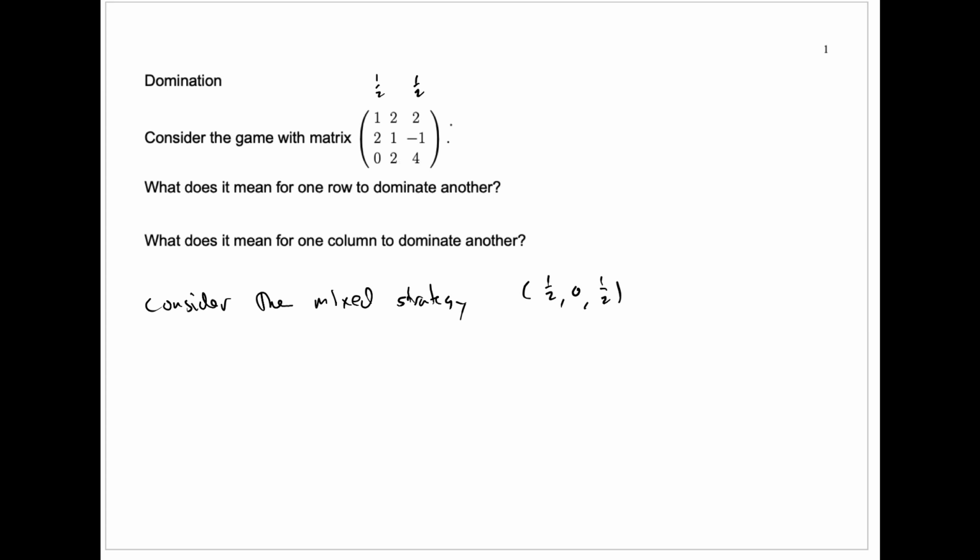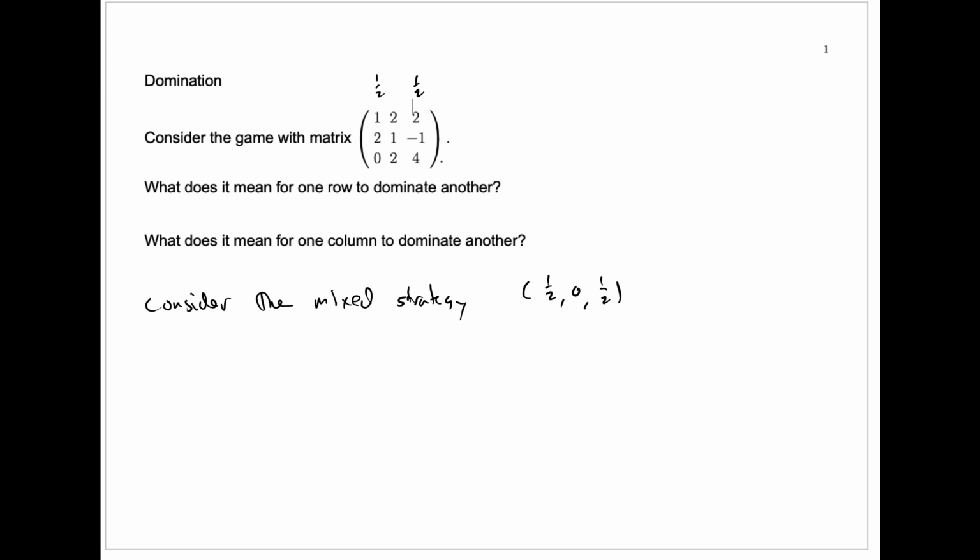So if we consider this combination of 1/2 column 1 and 1/2 column 3, that's better than, or at least equal to, using column 2 in every row. That means no matter what player 1 does, player 2 is better off playing a mixed strategy of 1/2 column 1 and 1/2 column 3 than using column 2 at all.